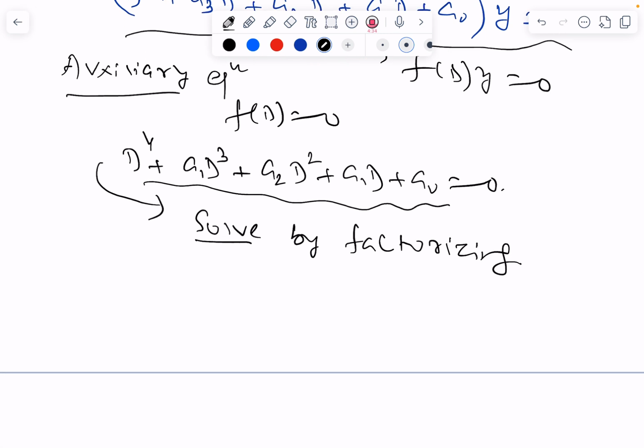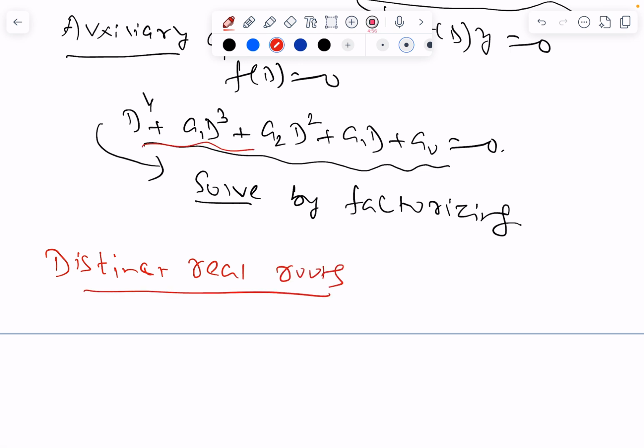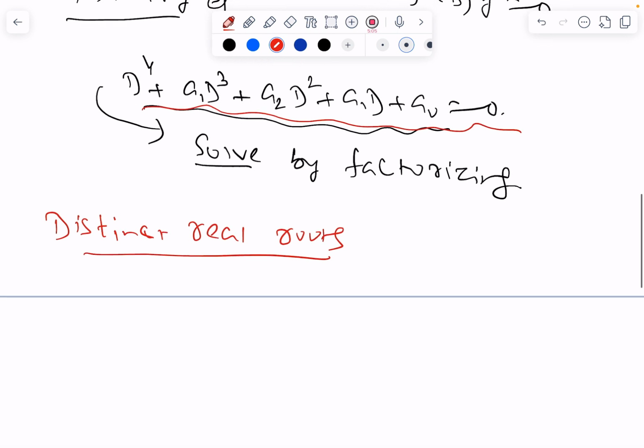And after factorizing, we have different kinds of roots. We may have distinct real roots, like say m1, m2, m3, m4.